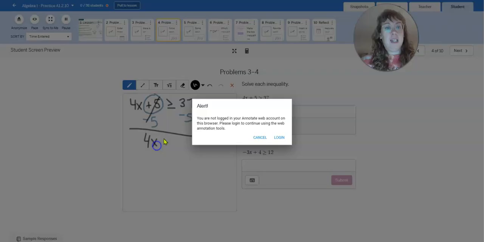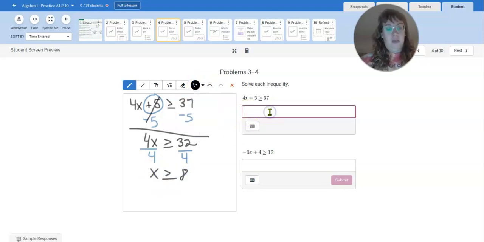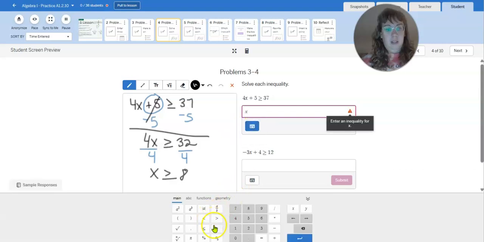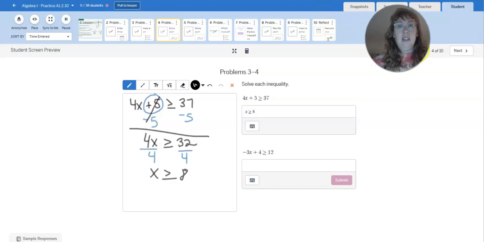Then we have 4x is greater than or equal to 37 minus 5, which is 32. Divide both sides by 4, and we get x is greater than or equal to 8. Make sure you're typing in your symbol correctly.